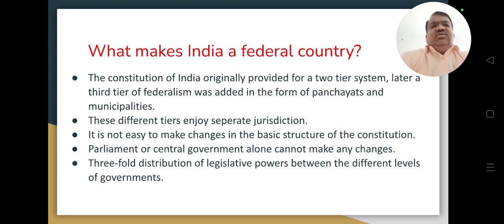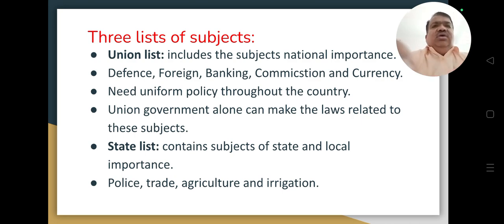And there is a threefold distribution of legislative powers between the different levels of governments. And we can find that threefold distribution in the following way. There are three lists of subjects, in which the union list is the first one, which includes the subjects of national importance like defense, foreign affairs, banking system, communication and currency.